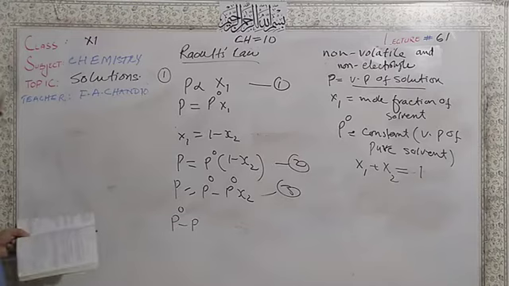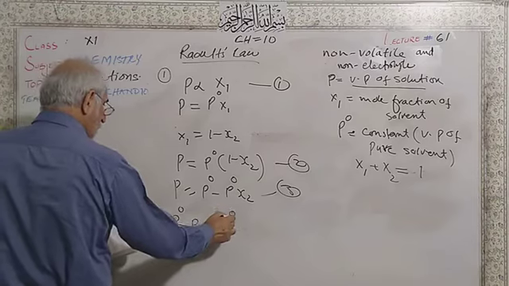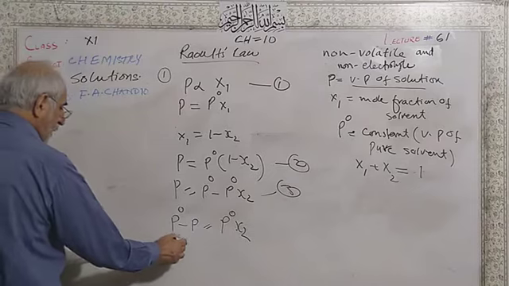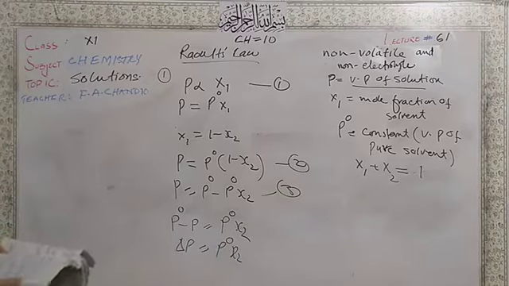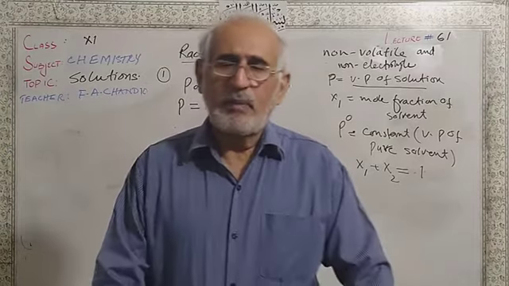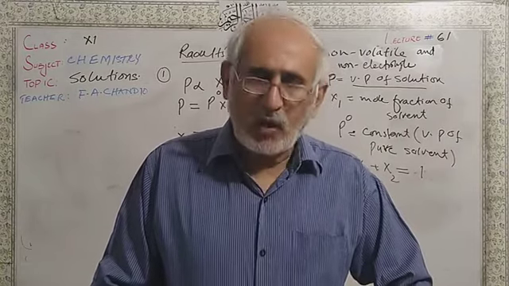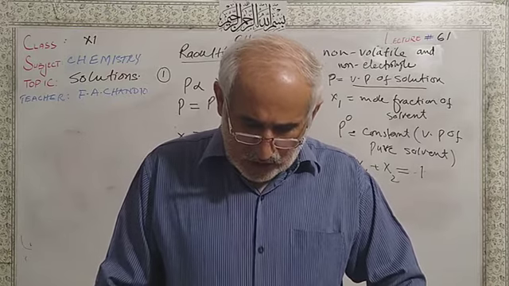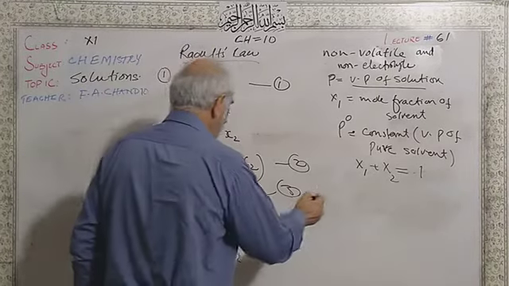That's why P naught minus P will be equal to P naught X2, or delta P will be equal to P naught X2. P naught is the vapor pressure of pure solvent, which is greater than the vapor pressure of solution.